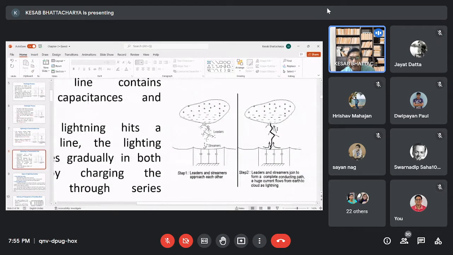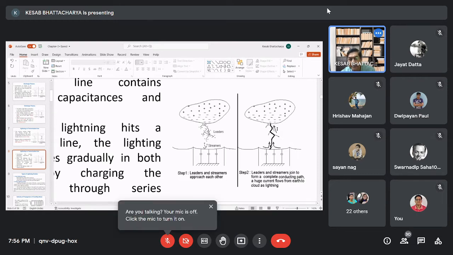The leaders are like this. Can you see this diagram now? Yes, sir. Therefore, you see the negative charges do not come down following any straight path. On the contrary, they follow the path of stepped leaders as shown in the diagram.